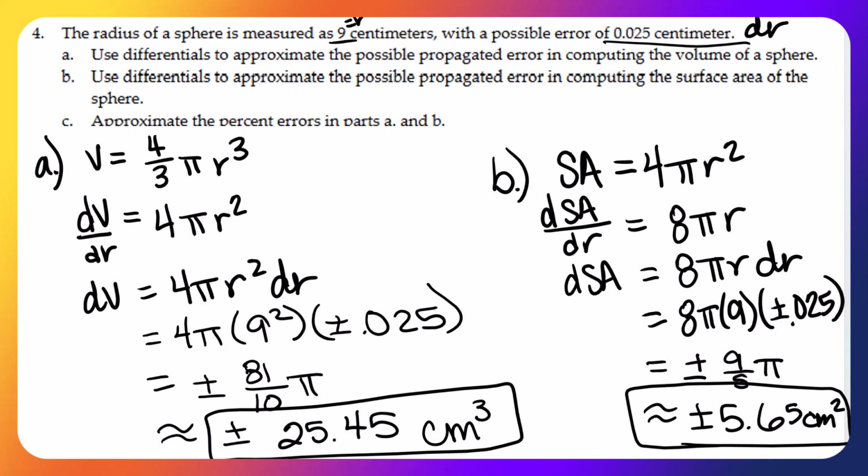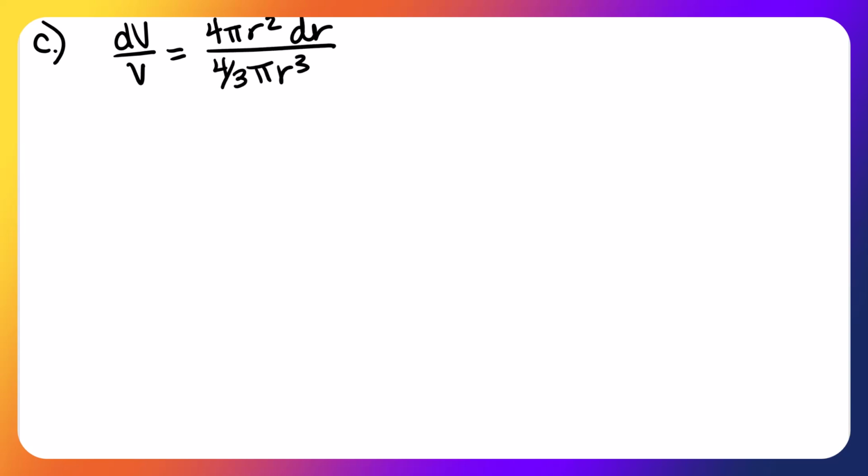And then in part C, they want us to approximate the percent errors in parts A and B. So as we're looking at part C, remember our formulas for the percent error. So for volume, I would have dV over V. So formula-wise, that would look like my 4 pi r squared dr over 4/3 pi r cubed. So we could simplify that here.